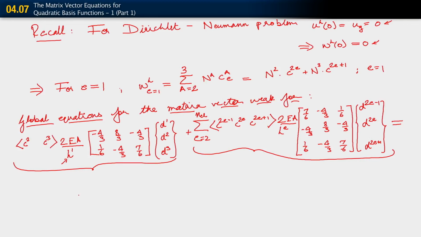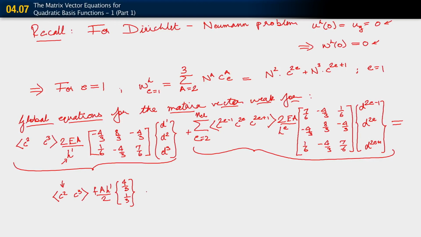Again, the same thing happens with the forcing function contribution. For the c vector for the forcing function contribution, we get c_2, c_3. The contribution here is f A h1 over 2, and it multiplies a vector which is just 4 over 3 and 1 over 3. The first component from the general form of the vector that arises from the forcing function is absent, because in element 1 we start with that global degree of freedom, because the weighting function satisfies the homogeneous Dirichlet boundary condition.